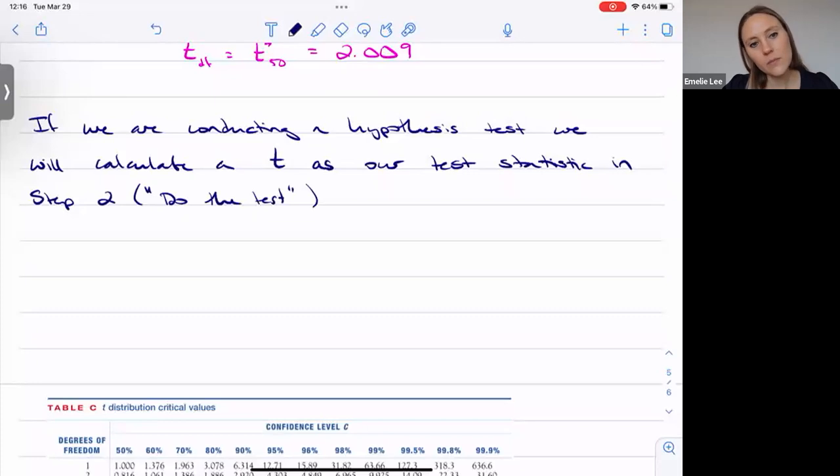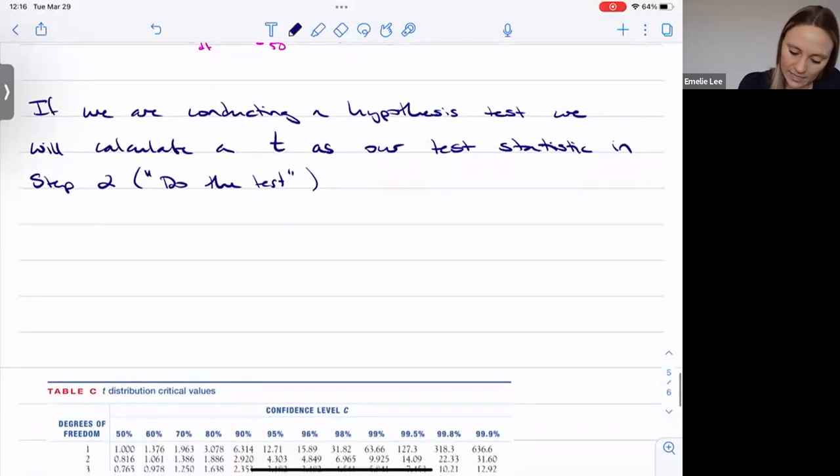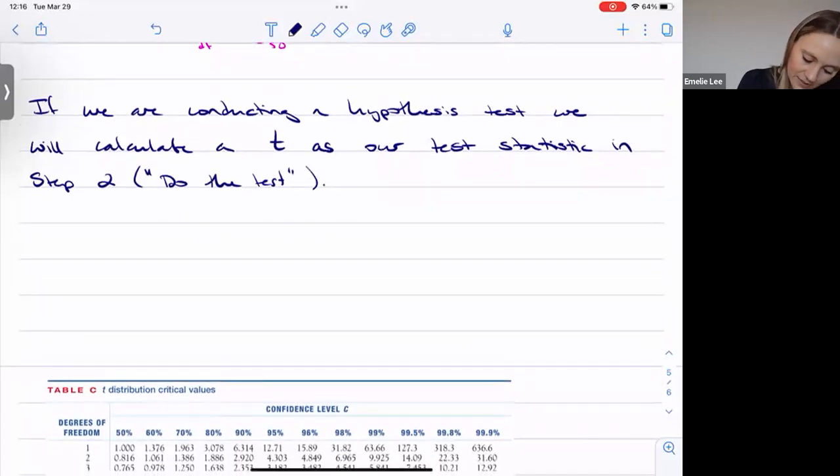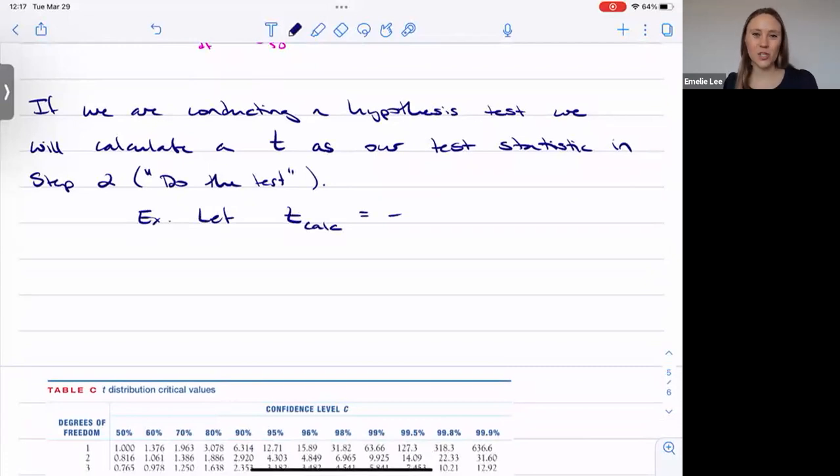So we're going to calculate a t in step 2. So for example, let the t calculated be, and I'm going to make it negative just to show you guys how it works, because we only have positive values in the table.